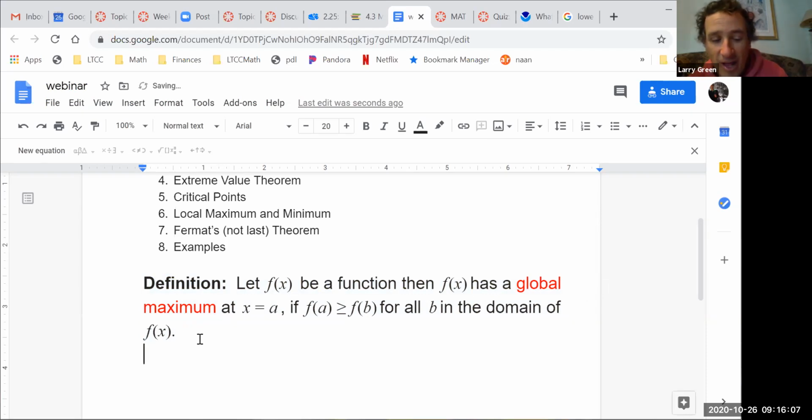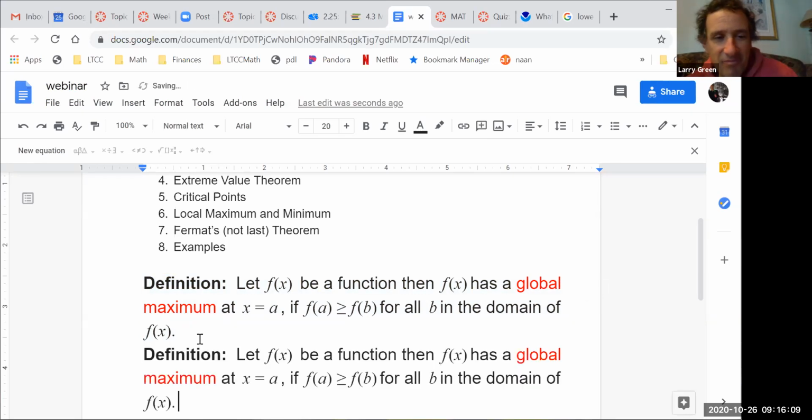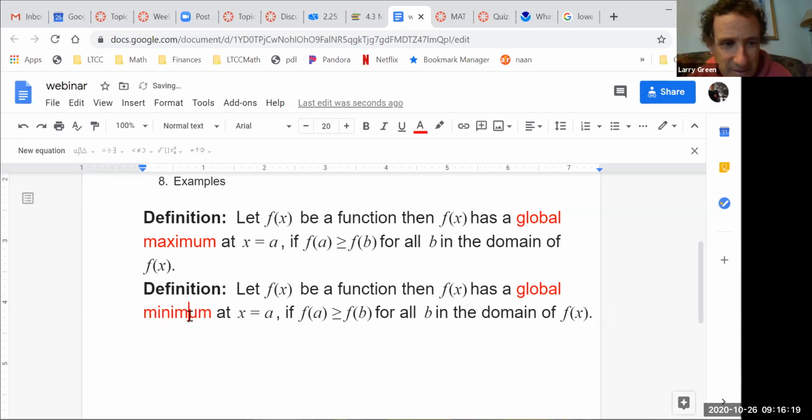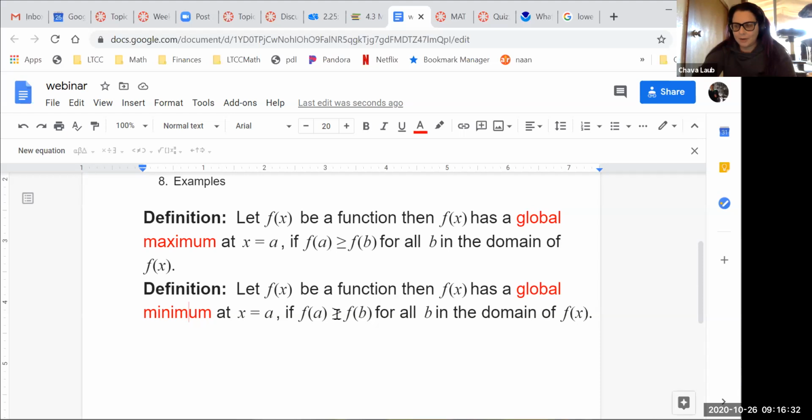I don't have to change a whole lot. So let f of x be a function, then f of x has a global minimum at x equals a. Two-letter change. And what changes? f of a is less than or equal to f of b.